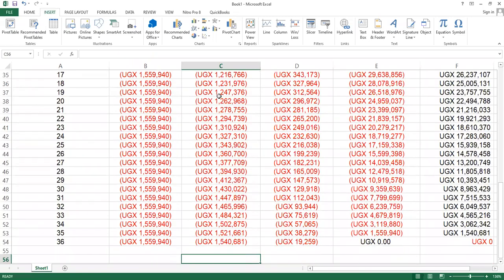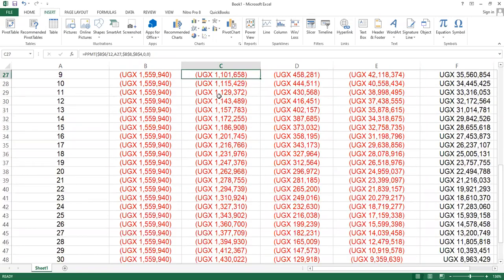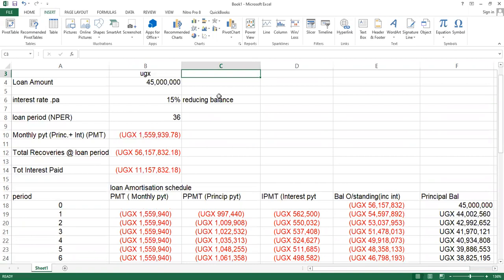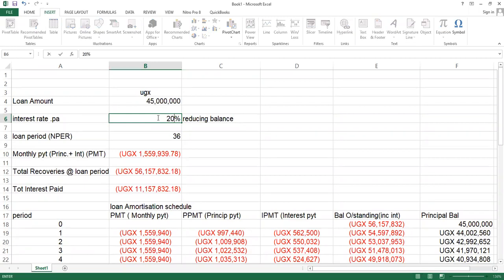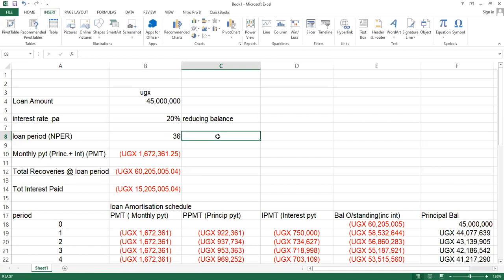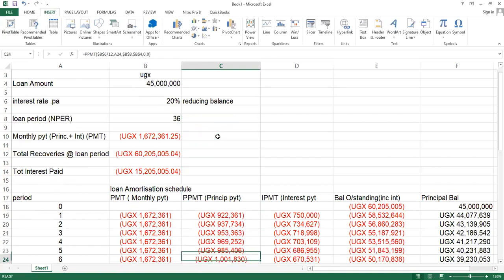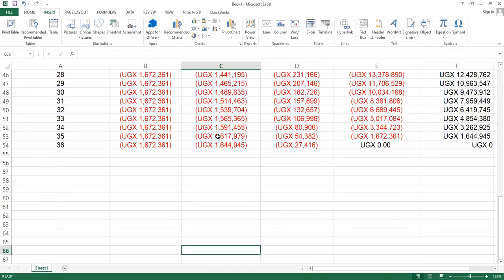I don't need to repeat the same process. If the interest rate has changed from 15 maybe to 20%, I just change the interest rate, and the rest will change automatically.